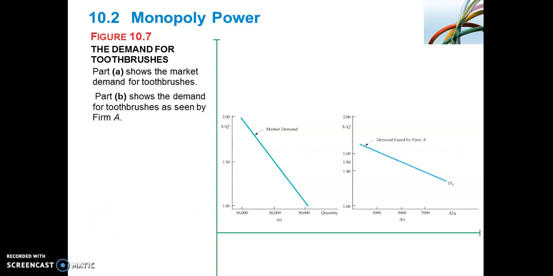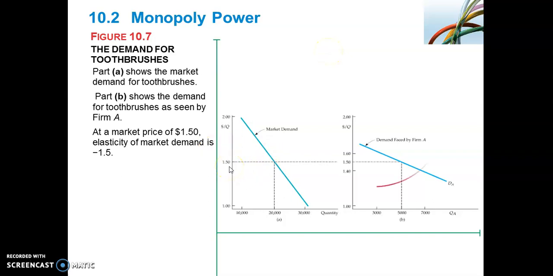And in part B, we see the demand faced by firm A. So firm A is one of the firms that make up that market demand in part A. Now we are told that there are 4 firms and they face this downward sloping demand curve, and the total production of toothbrushes is 20,000 per day. See this dashed line, and the price is $1.50.